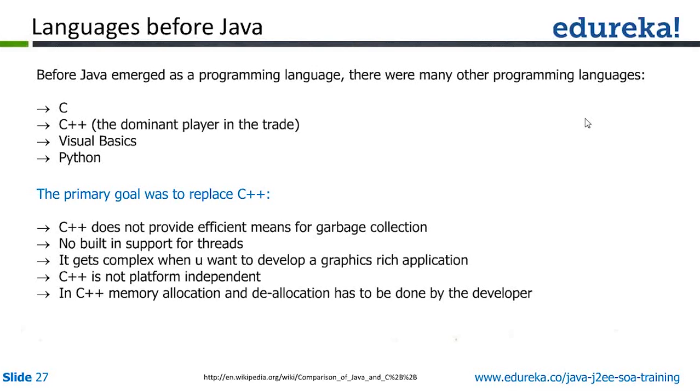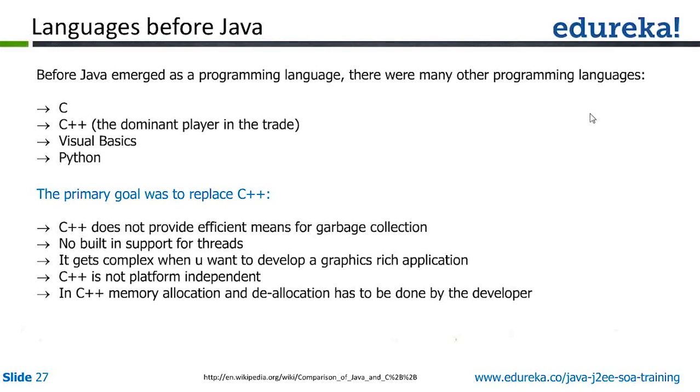And C++ did not have very rich graphic interface libraries, and Java provides that. And then C++ is not platform independent. Java wanted to be platform independent, meaning once you have compiled the code, you should be able to run it on Windows or Unix or Linux or any other operating system.